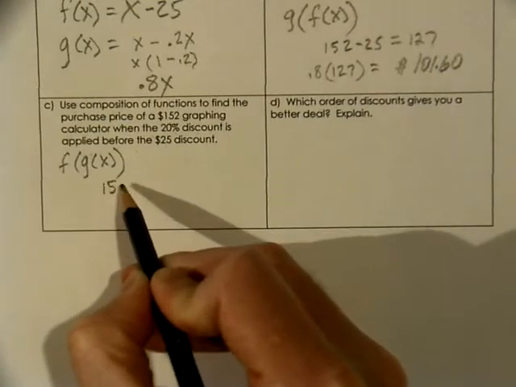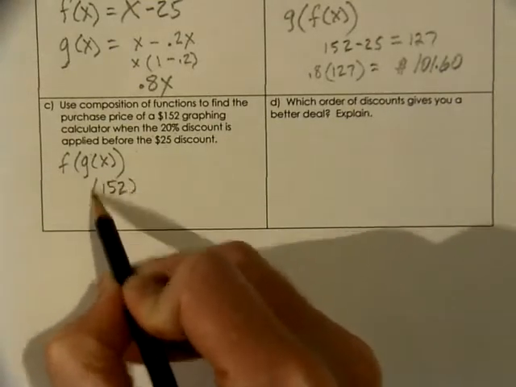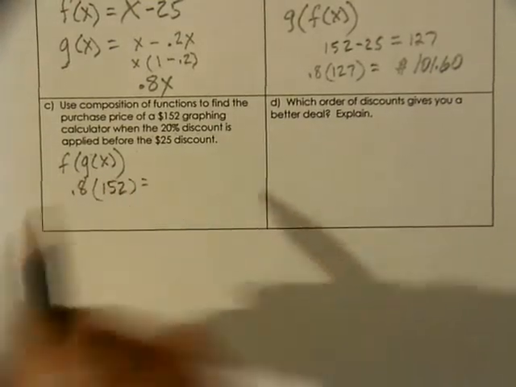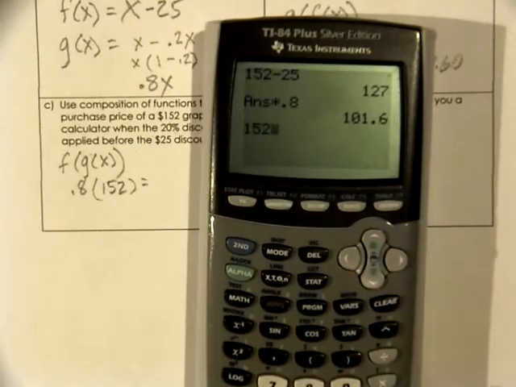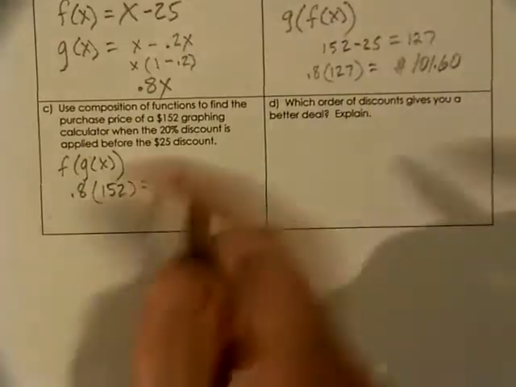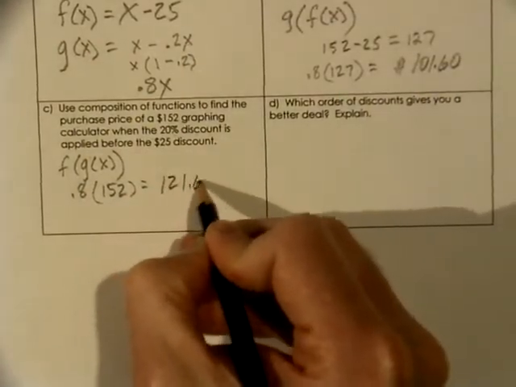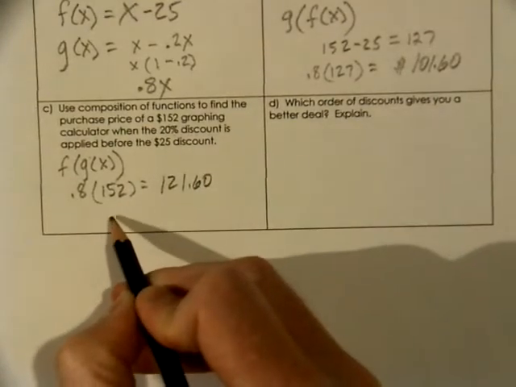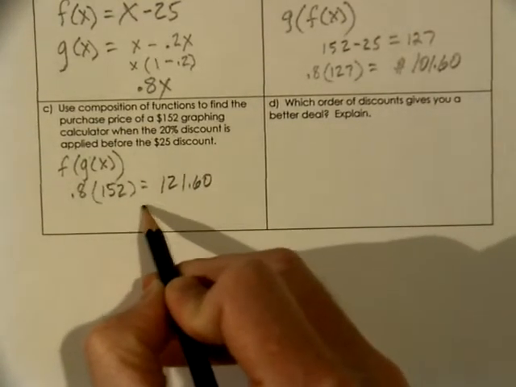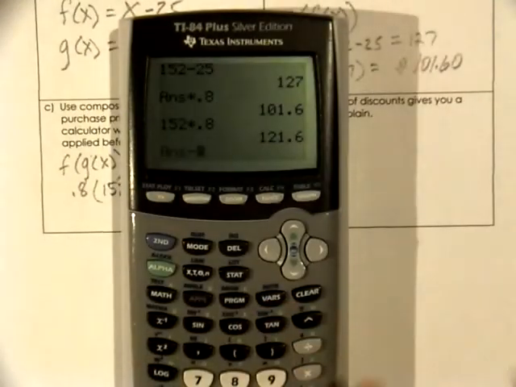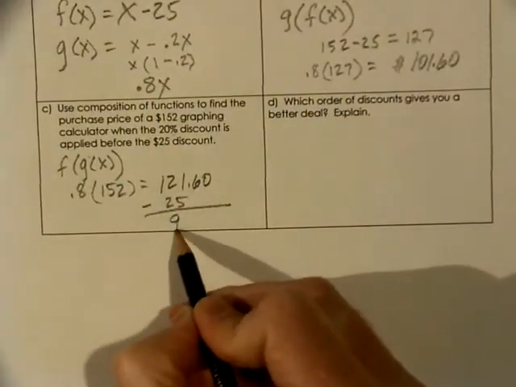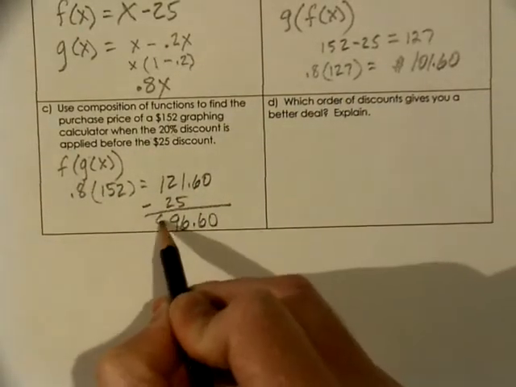So we're going to take our 152 and we are going to apply the 80% to it. So that gives us 121.60. Then we take our 121.60 and minus $25 from it. We're going to pay $96.60.